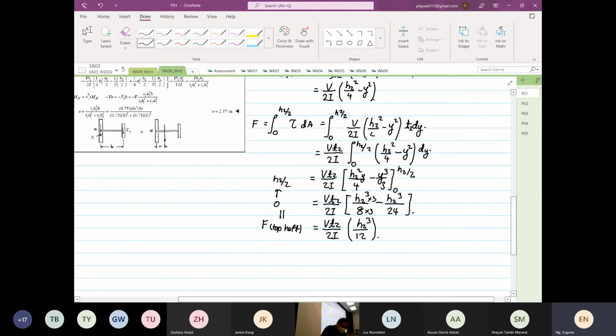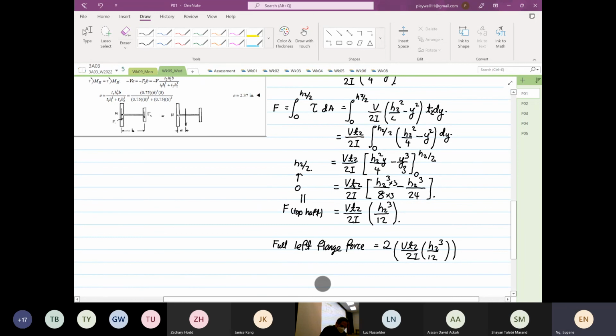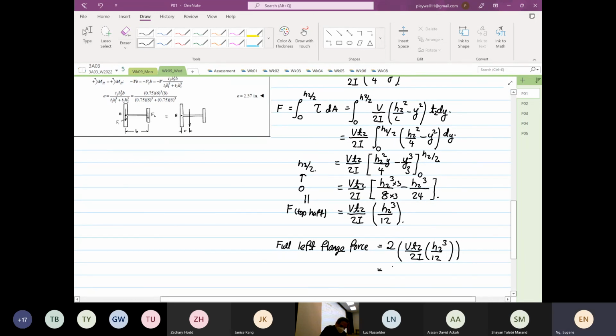So to consider the full flank force, all we need to do is multiply by 2. V t2 over 2 multiplied by h2 cubed over 12, and I'm missing an I over here. Okay, so this will be equal to V t2 over I, h2.